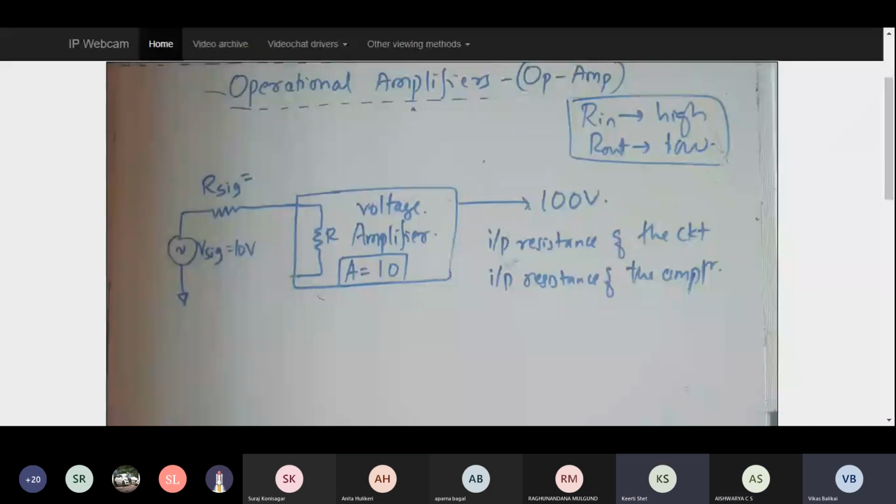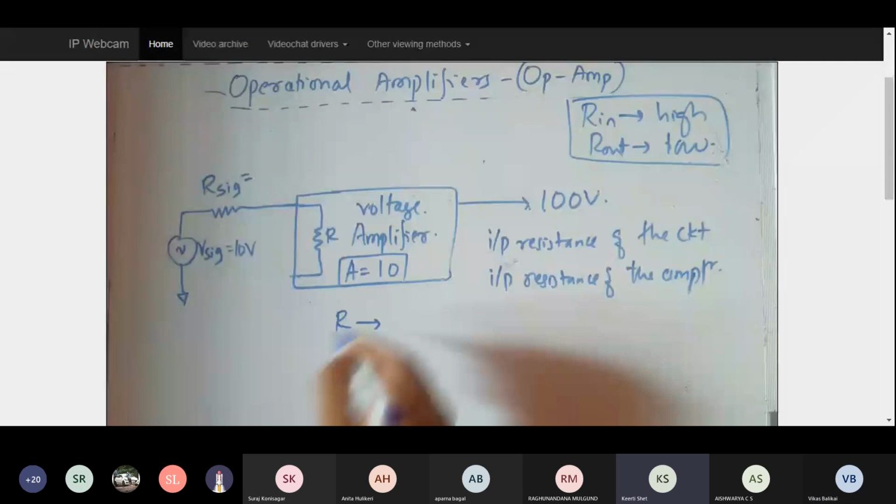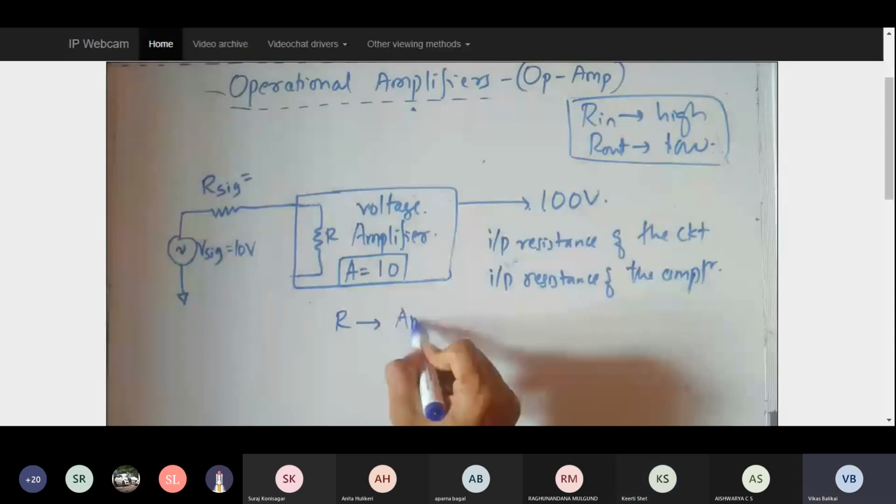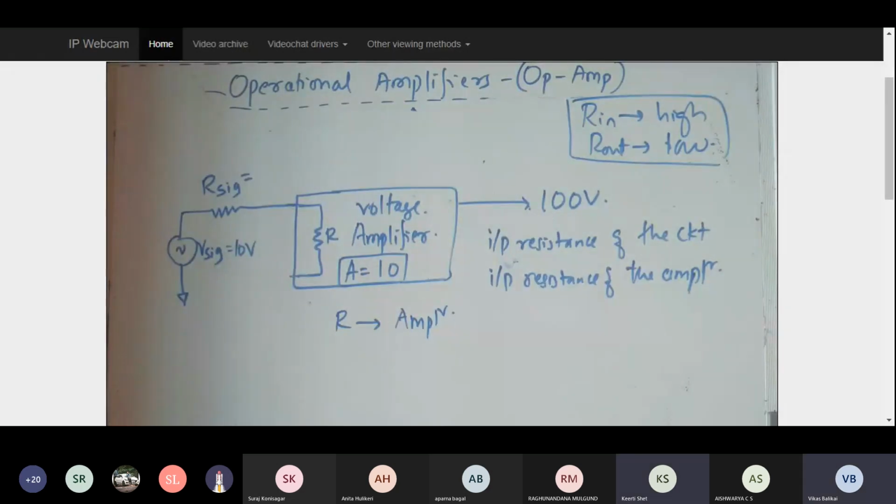R is what? Resistance of the amplifier. And what about the input resistance of the circuit? R sig, R signal.